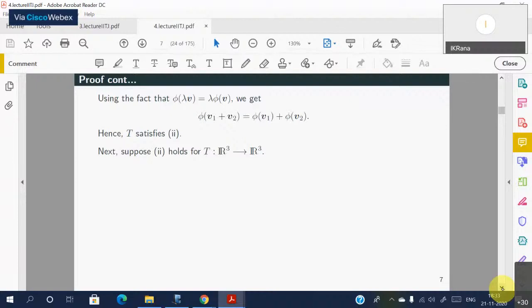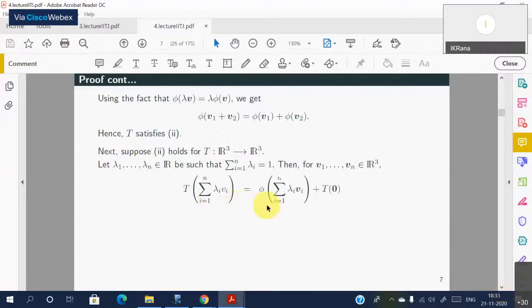And conversely, if T has that property, one can work out backward. Namely, take the sum of lambda i, i from 1 to n, equal to 1, a convex combination. Then for V1, V2, up to Vn in R3, T of this is equal to phi of this plus T of 0. In terms of phi, we have this property. And phi has that property that phi of the sum is equal to the sum of that, so that is lambda i times this.